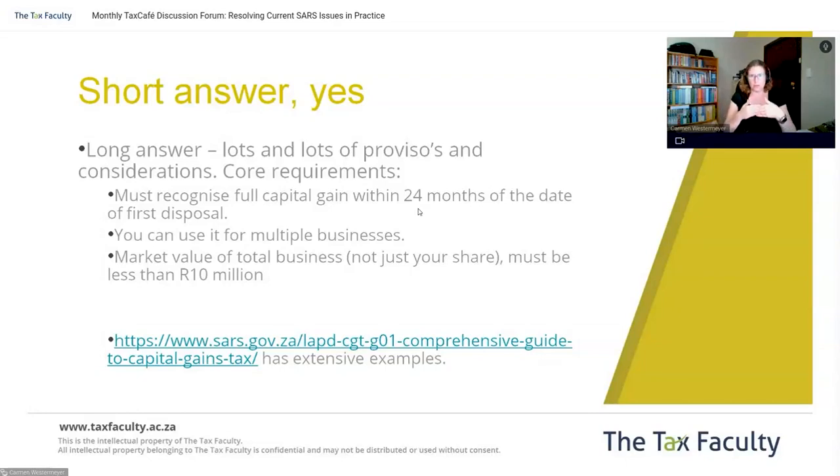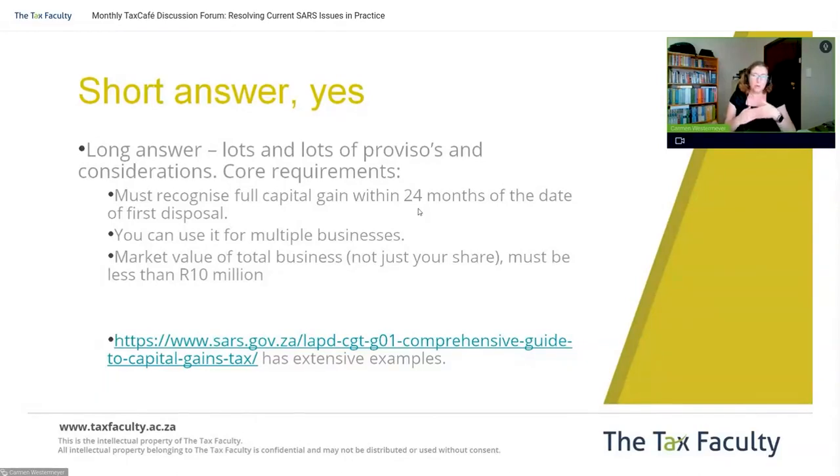My contract was concluded on date of signature, and the amount has accrued to me. So under the CGT rules, the full capital gain is payable on the date the contract is signed. The day your signature goes on there.